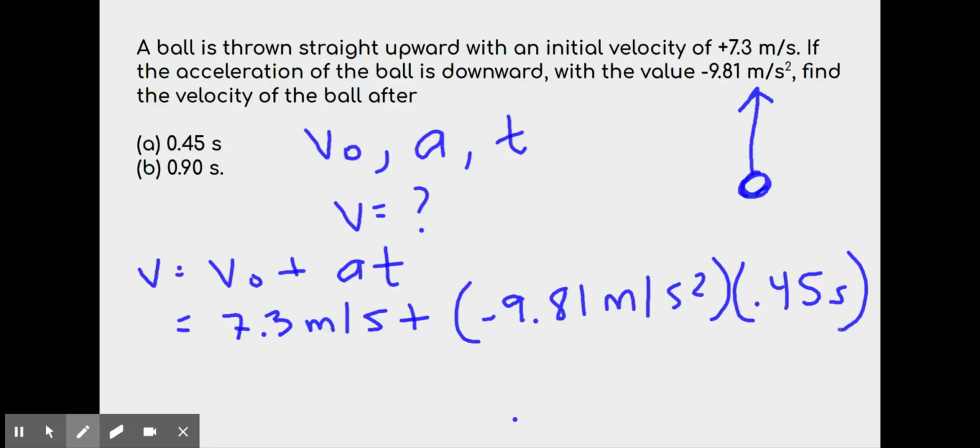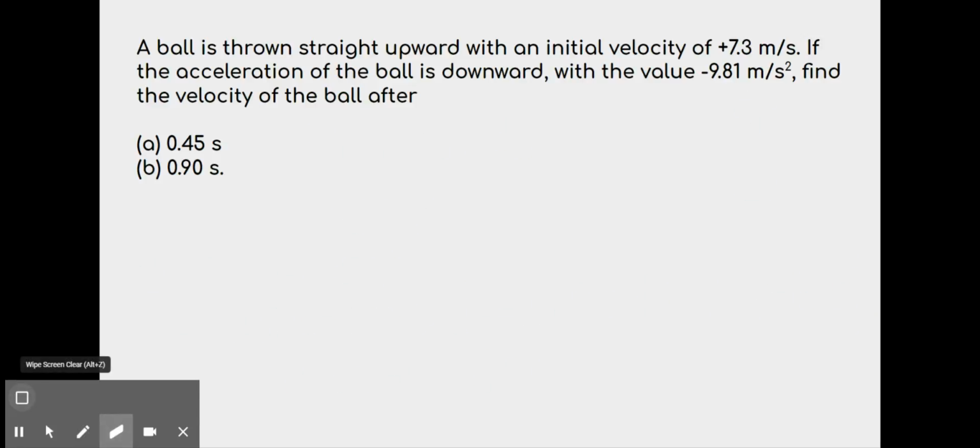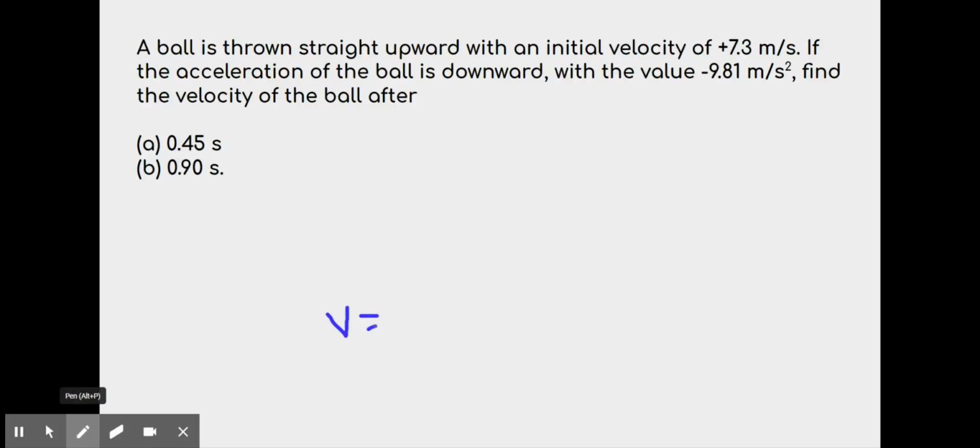Once you do this math, you will find that that velocity to the correct number of significant figures is 2.9 meters per second. Okay. Go ahead and try part B. This is very simple. You're just making a quick substitution. Hit play when you're ready. Okay, I'm not going to work out part B. I'm just going to give you the answer. For part B, the velocity is negative 1.5 meters per second.